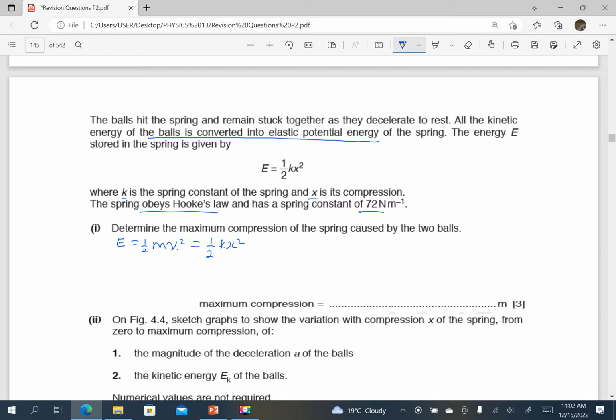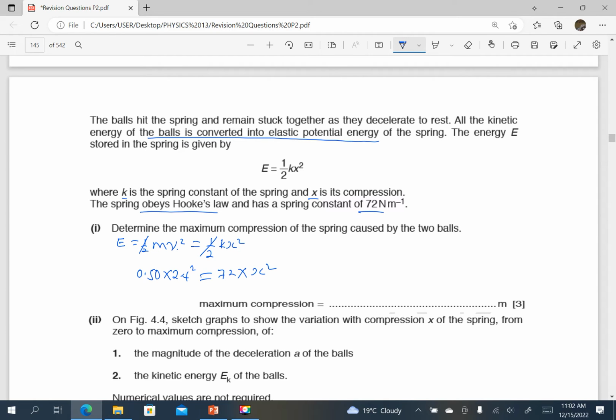Total mass is 0.5 because they stick together, times the speed, which is 2.4. That is the initial kinetic energy, times a half, is equal to a half kx squared. The half is cancelled out. So k is 72, times x squared.